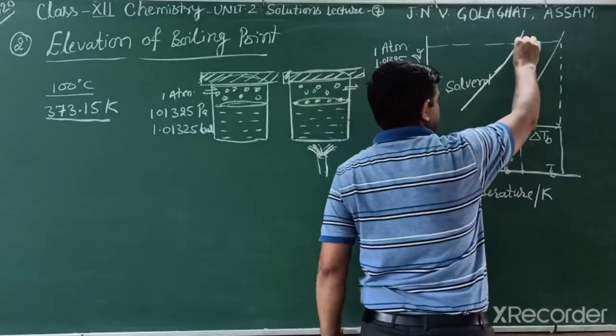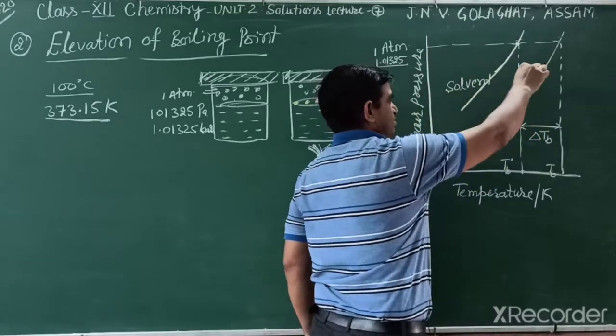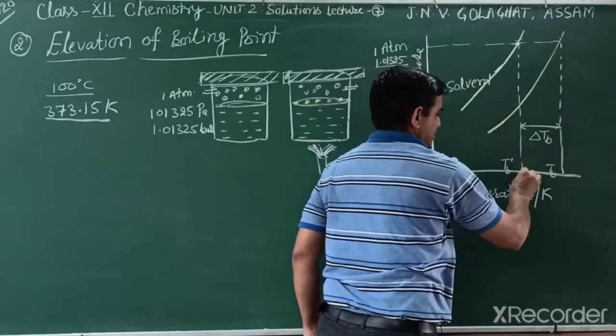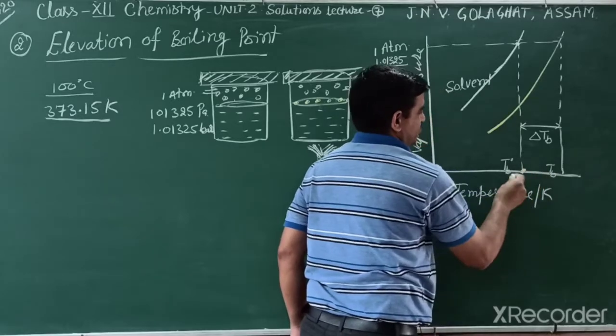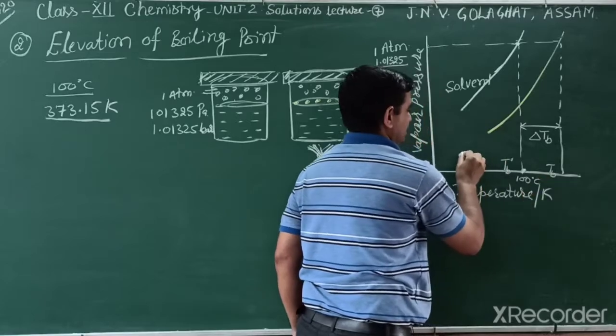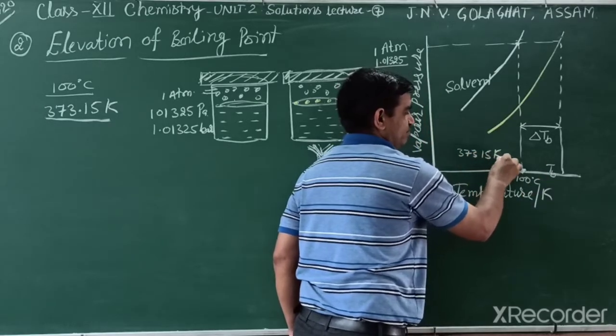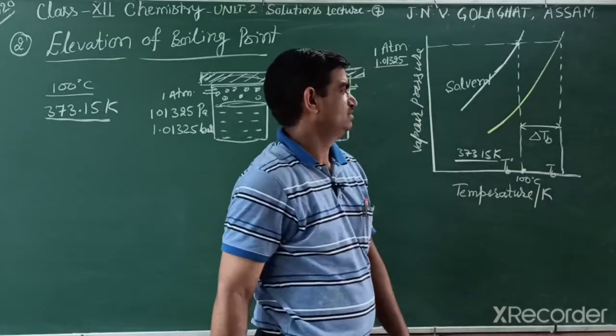At a point where vapor pressure is 1 atmosphere, this is the boiling point of water, which you know is 100 degrees Celsius, or 373.15 Kelvin.